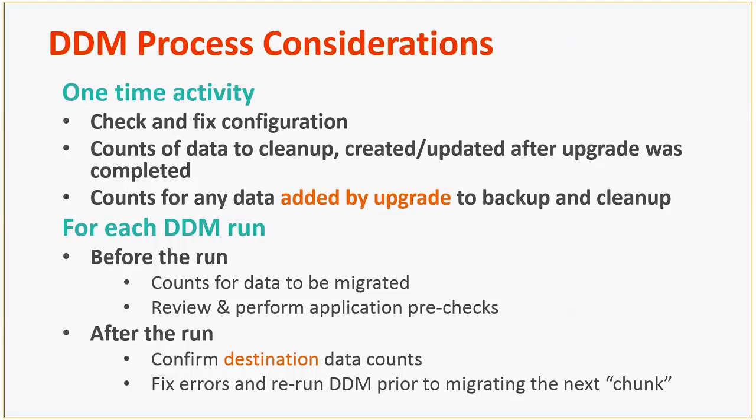Make sure your count validation is done after every DDM run, so that you don't need to worry about it during or after the final DDM run. Once you do the final verification, we don't need to worry about any data mismatch. So we only concentrate on the final DDM run and counts before and after that, right? And of course, after every DDM run, fix errors and rerun before you even move to the next chunk. That's very important, right?